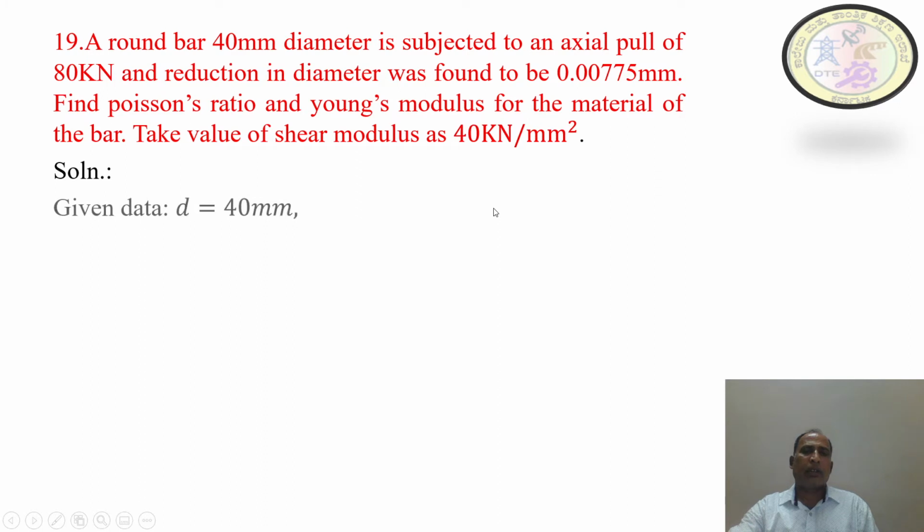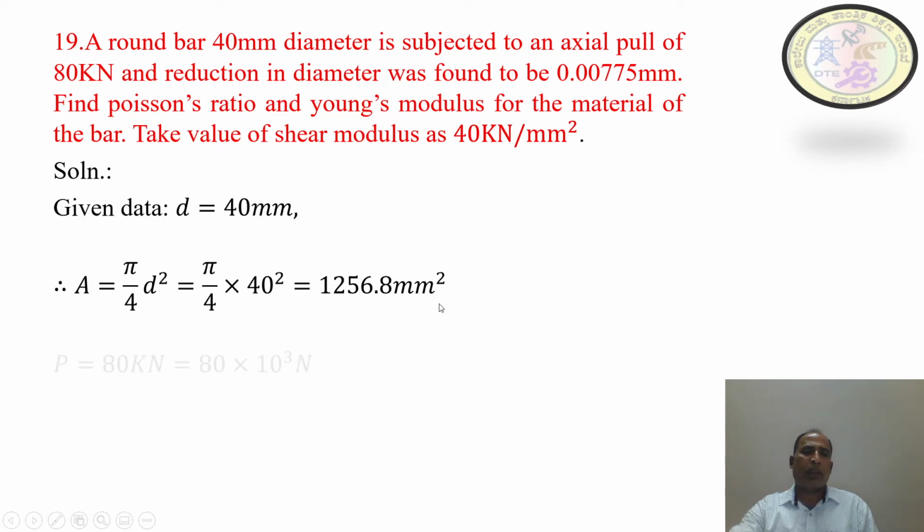Therefore, diameter D is 40 mm, and immediately we can calculate the cross-sectional area of the bar. So A is equal to pi by 4 into D square, that is pi by 4 into 40 square, equal to 1256.8 mm square.